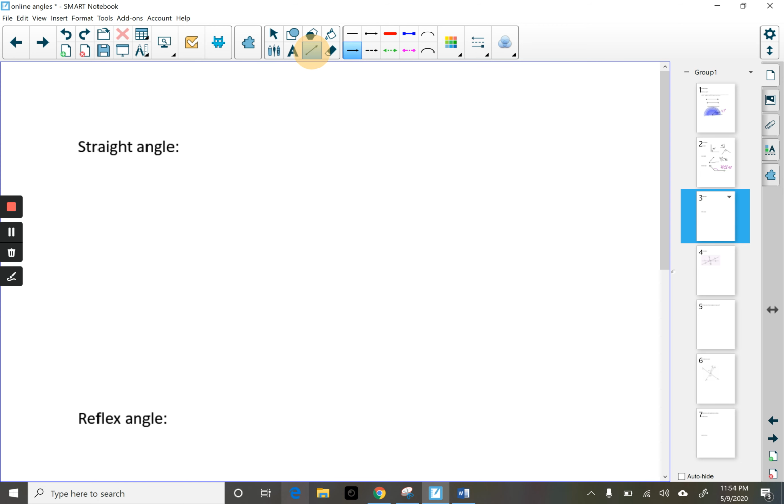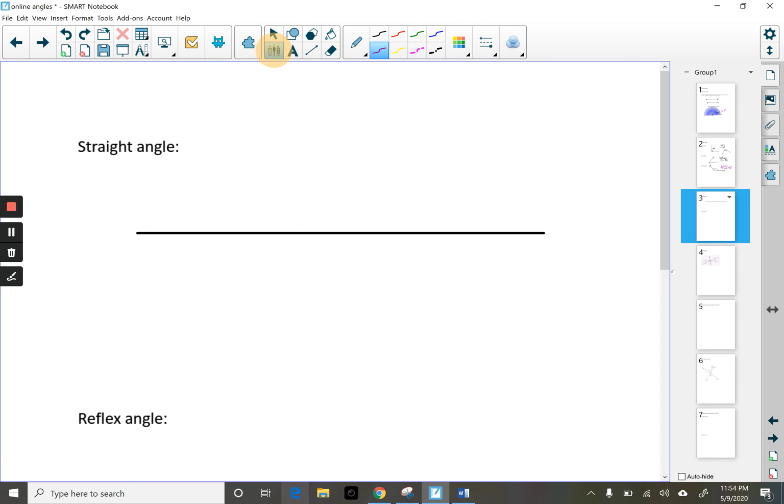Now we have two more types of angles here. We have a straight angle, and I'm going to draw this out, and you guys are probably going to be like, that doesn't even look like an angle. And you may say, oh, wait a minute, that looks like a line, or actually line segment, but it is in fact a straight angle. These two angles meet, and I put my X right there. This angle and that angle are going in completely opposite directions.